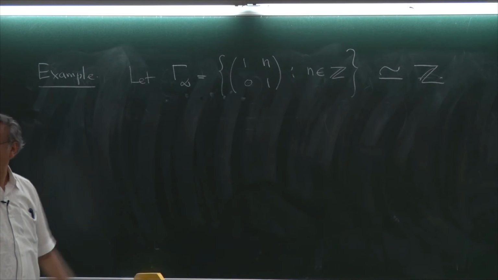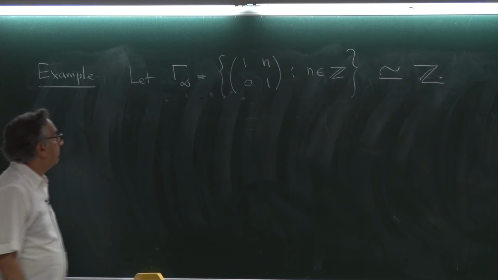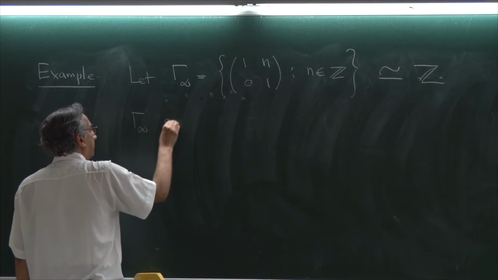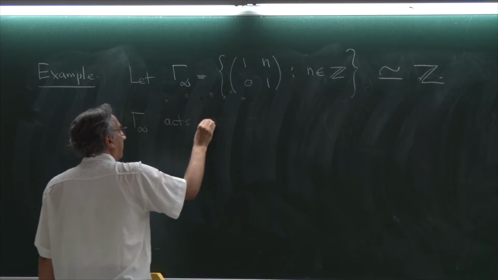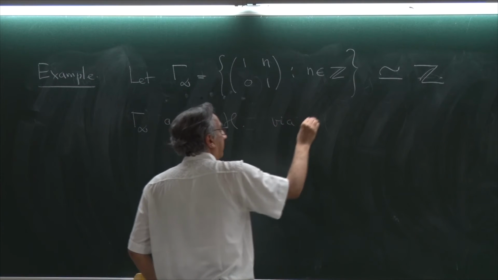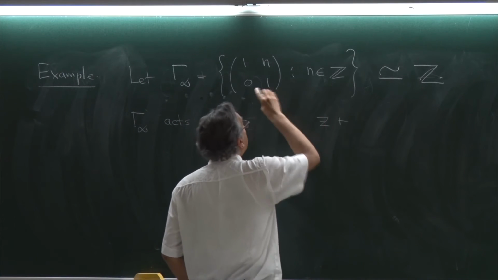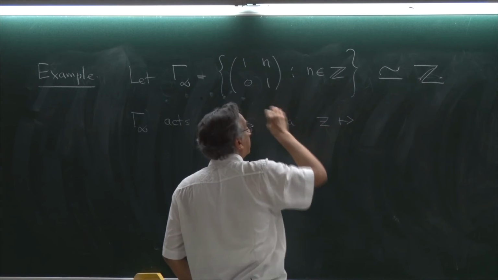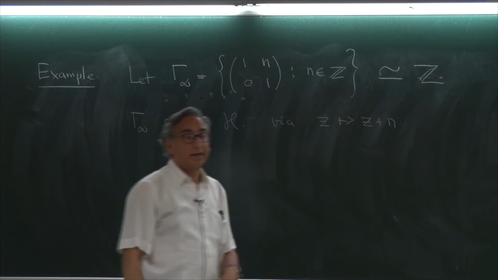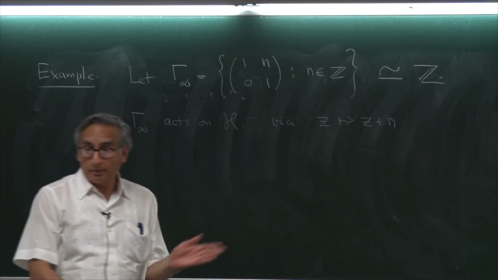This is an isomorphism. So gamma infinity acts on the upper half plane via Z goes to that matrix 1, n, 0, 1. What it does is just shifts the thing by n units.